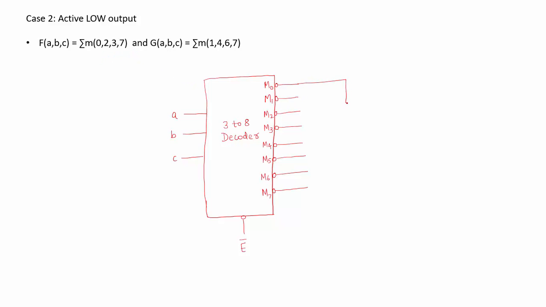So 0, 2, 3, and 7. So this is your function f of a comma b comma c, and for function g 1, 4, 6, 7.